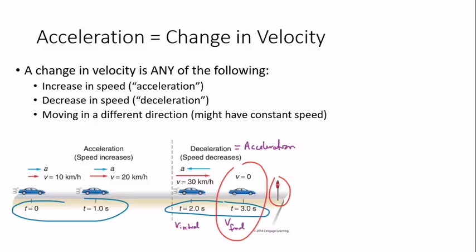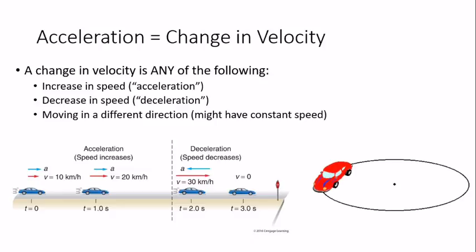And then last but not least, I'm bringing in an image of a car that is going in a circle. So a car going in a circle, let's assume that it is going at constant speed, but its velocity is changing.